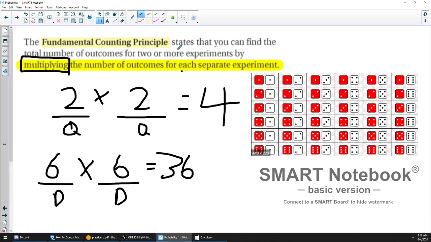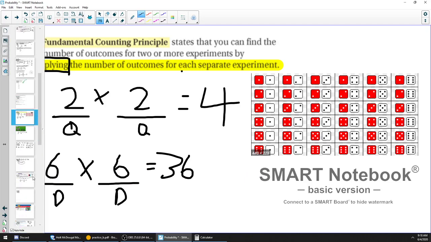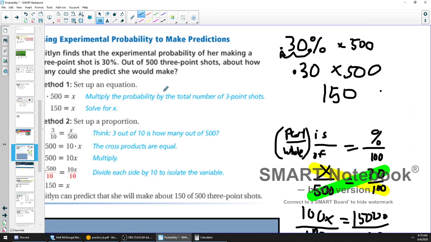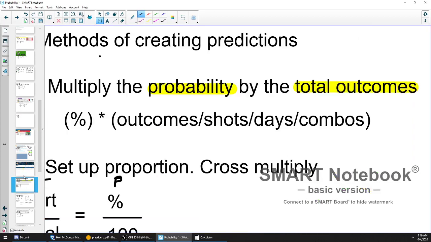The fundamental counting principle right here. So we multiply the numbers of outcomes in each separate experiment. For this one, I think it's tossing quarters. This one is rolling dice. And using our prediction tool by multiplying the probability by the total outcomes.